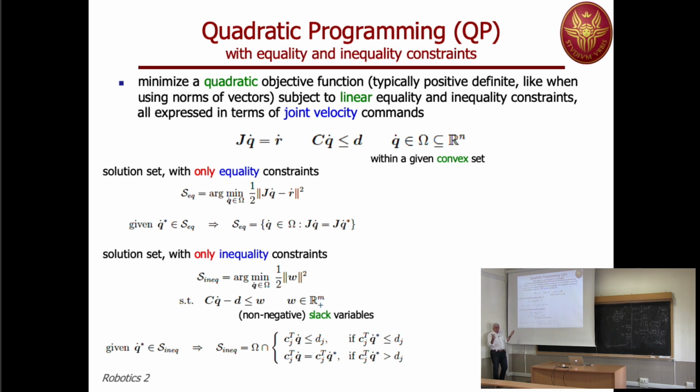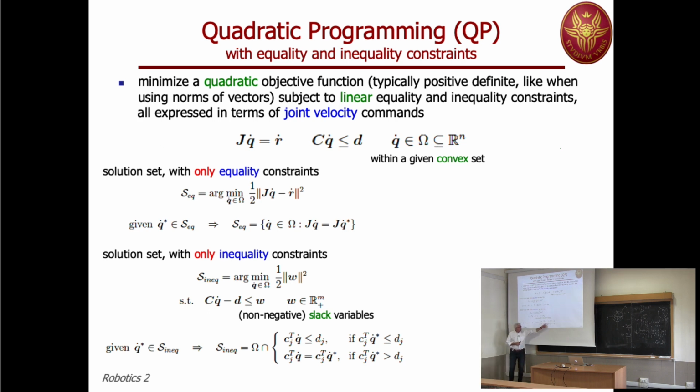How do we generate all them with the same idea behind? So we look at the intersection between the convex set, because the convex set may always be there. If it's not relevant, then this is all the set of Rn, so no restriction at all. But in general, it's the intersection between the convex set. And then you look at the single inequality one by one.